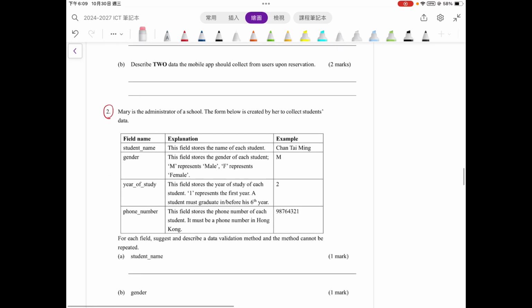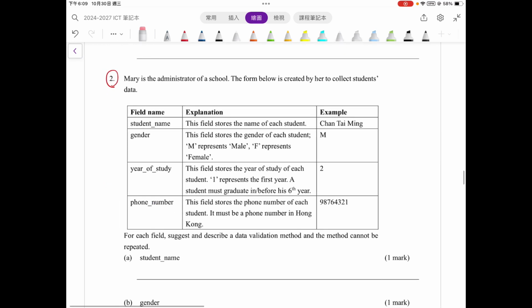So let's start with question 2 first. In question 2, we have a situation. Mary is the administrator of a school. The form below is created by her to collect students' data. So in this case, you can see that underneath you have a table and you are given 4 different fields.